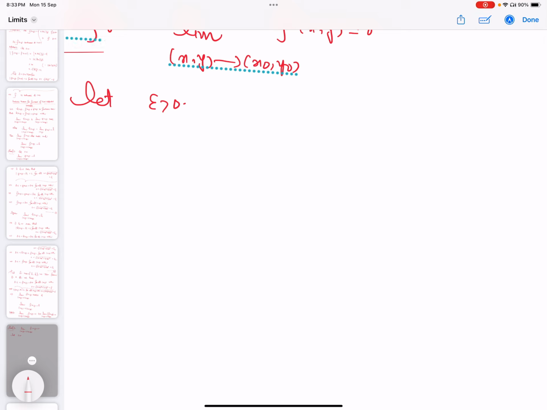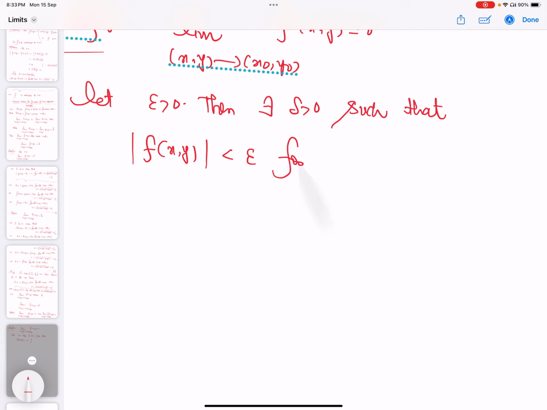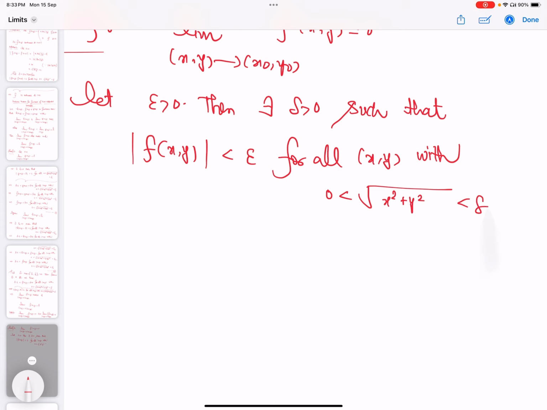Then there exists delta greater than 0 such that |f(x,y)| is less than epsilon for all (x,y) with x squared plus y squared less than delta.